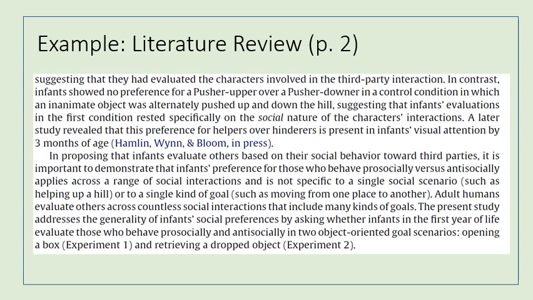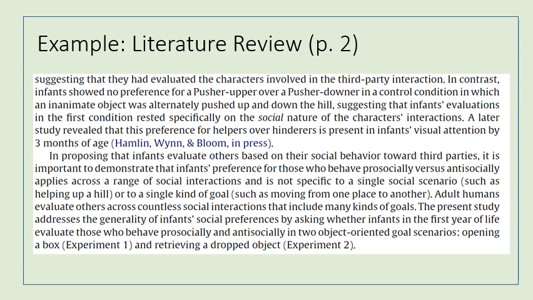Adult humans evaluate others across countless social interactions that may include many kinds of goals. The present study addresses the generality of infant social preferences by asking whether infants in the first year of life evaluate those who behave pro-socially, helping, and anti-socially in 2 object-oriented goal scenarios, opening a box in experiment 1 and retrieving a dropped object in experiment 2.